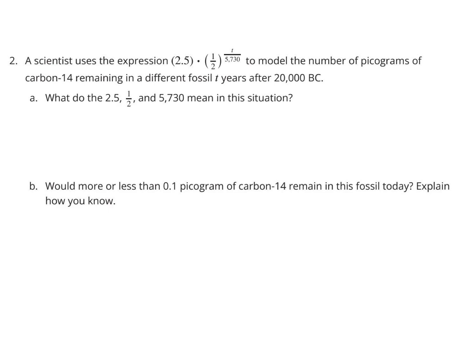Okay, a scientist uses the expression 2.5 times 1/2 to the t over 5730 to model the number of picograms remaining in a different fossil. So what is the 2.5? The 2.5 is the original amount of carbon-14, known as C14. 1/2 is the decay rate.